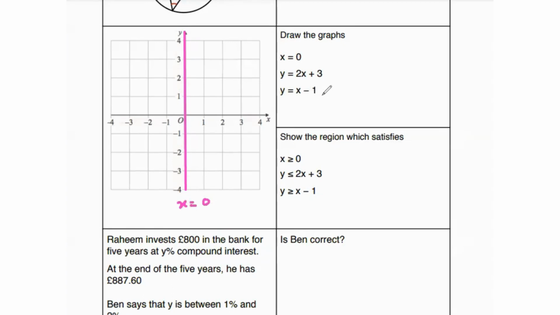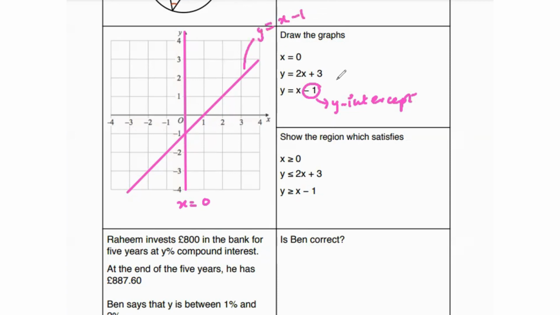For y equals x minus 1, it is going to be this line. As you can see, minus 1 is our y-intercept, which means our graph of y equals x came 1 unit down. Hence, it's now passing through -1. So this is y equals x minus 1.